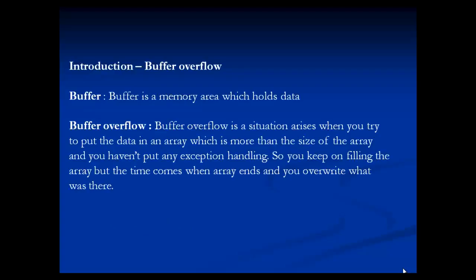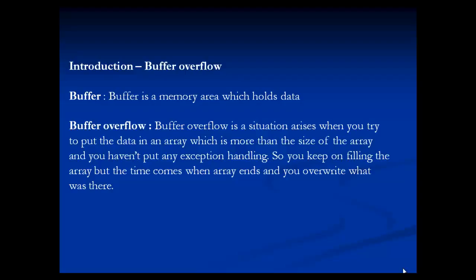So to start with, what is a buffer overflow vulnerability? Before understanding buffer overflow vulnerability, let us try to understand what a buffer is. A buffer is a small memory area which holds some data. When we accept some data into this buffer which is over its limit, it overflows, and this is called buffer overflow.